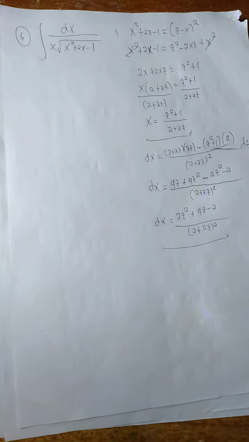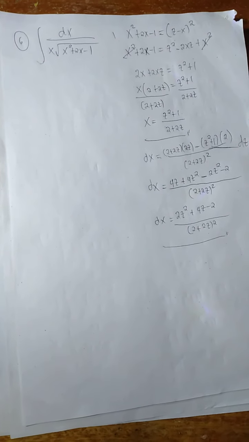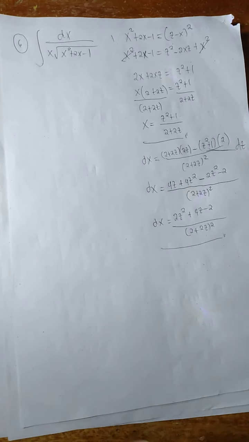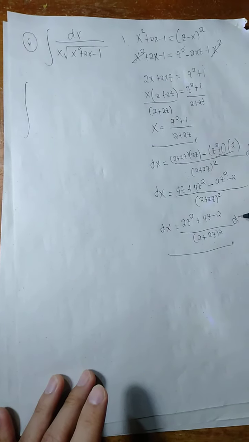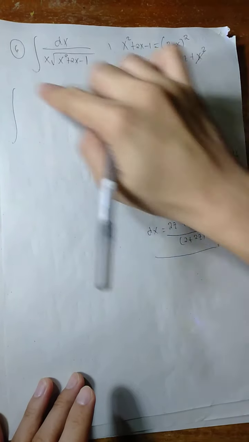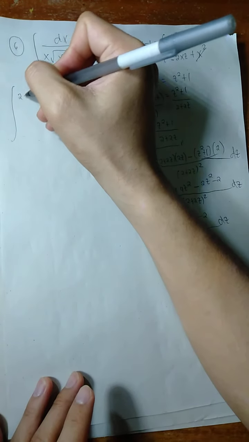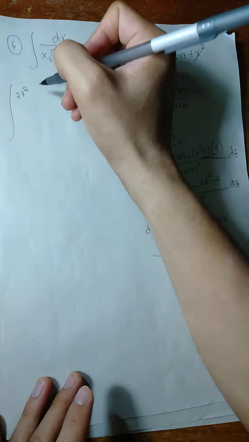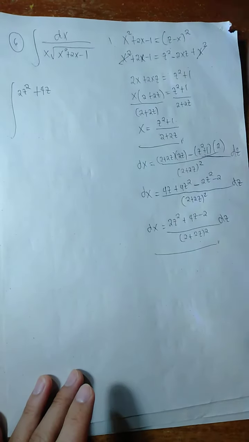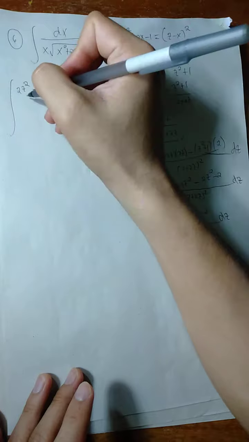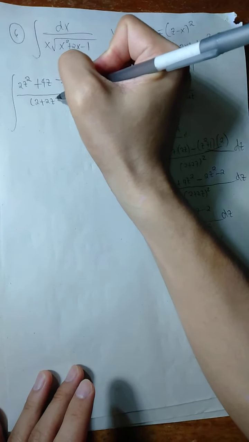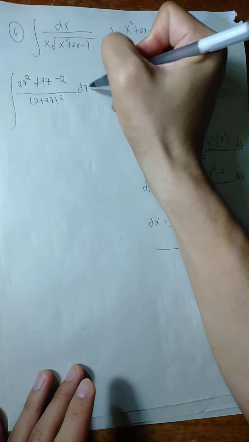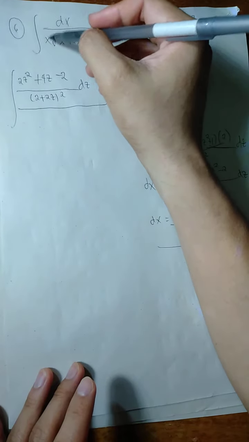Okay, so we can do now the substitution. Substitute natin dito. It becomes the integral of dx, so palitan natin ng dz: 2z squared plus 4z minus 2 over (2 plus 2z) squared dz, over, of course, itong x na to.